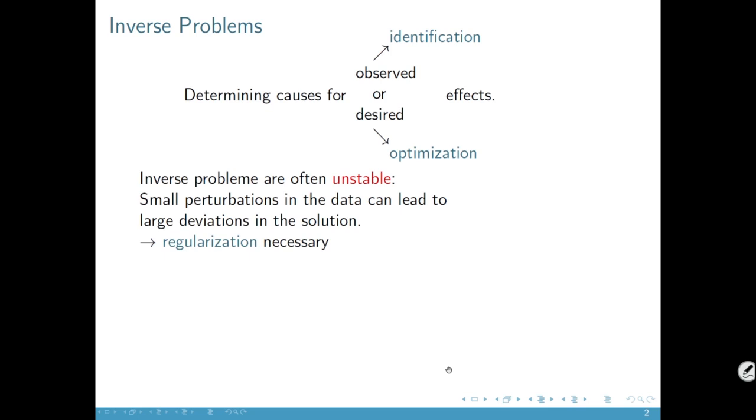And some typical features of inverse problems are as follows. First of all, they tend to be unstable, as you will see in one of the examples, very unstable even.